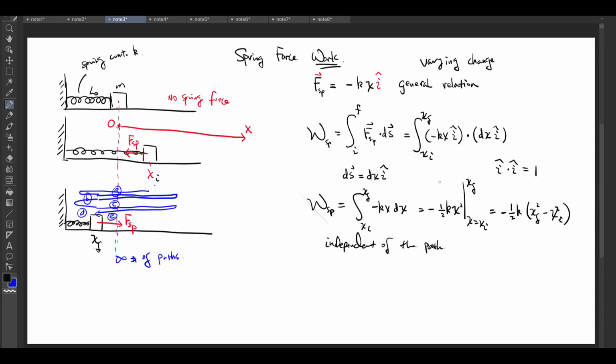So that's why the result for all these oscillations, all these different paths, the result for the work done by the spring force is always the same. Okay, so that's why the spring force is a conservative force.